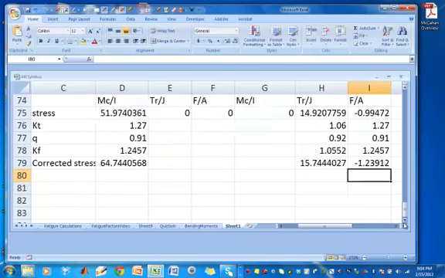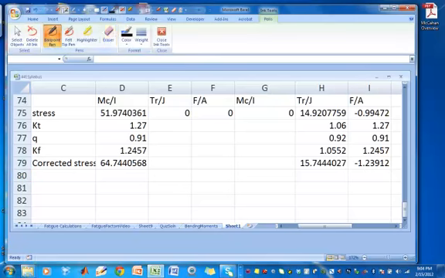There. So these are the actual stresses. So now we're going to switch back, and I'm going to go back up here. So now we have our corrected stresses.